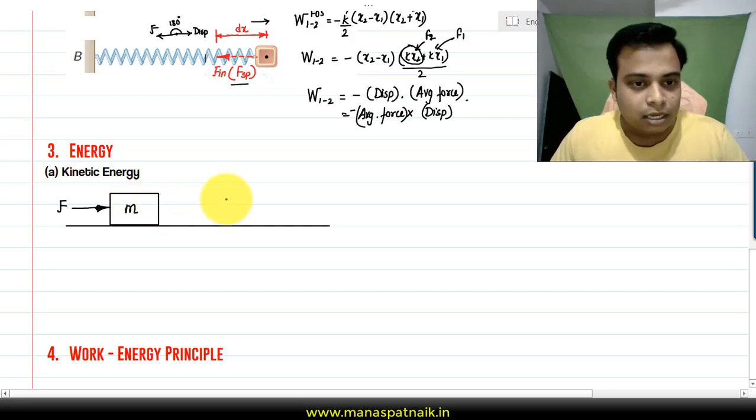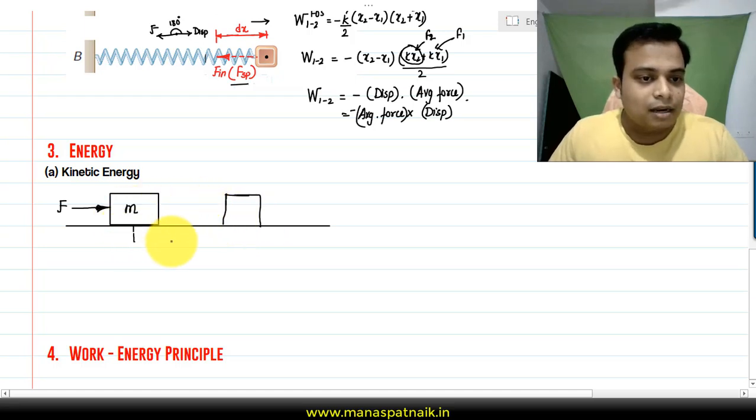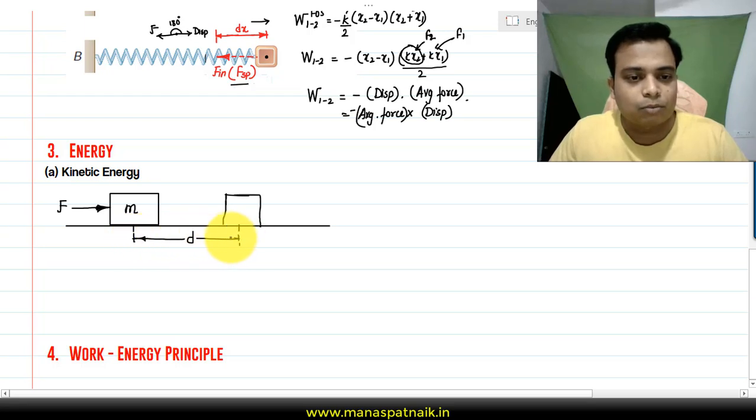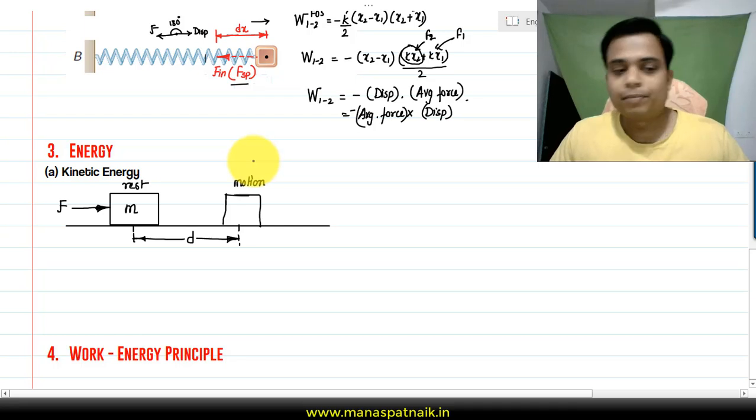And in that process, it will travel towards the right hand side by a certain distance. Let's say that the distance traveled by the block is represented by small d. So this is where the block was at rest, and this state can be associated with motion, having some velocity v, you can say.